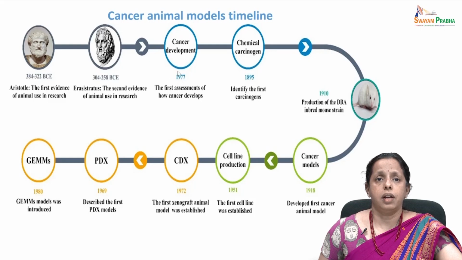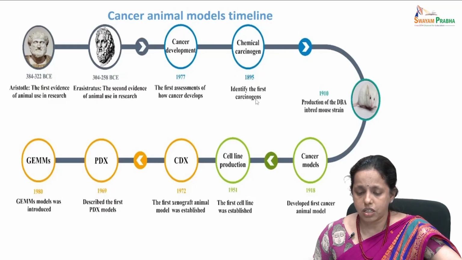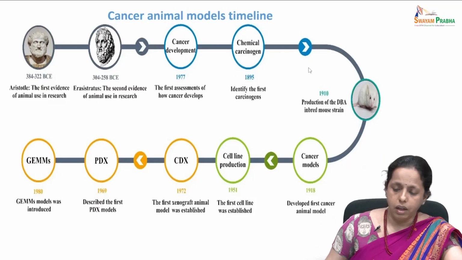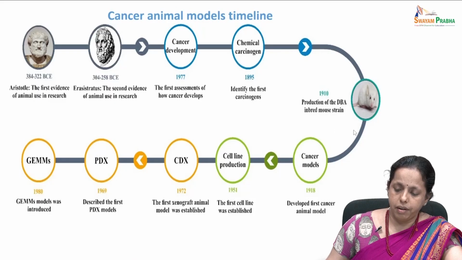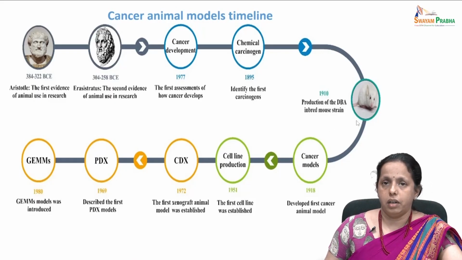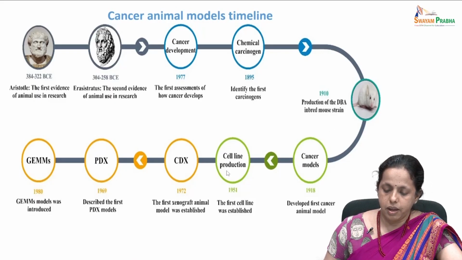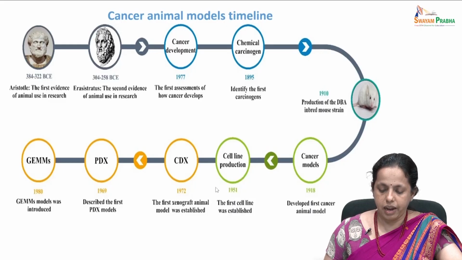Then the first assessment of how cancer develops, the first chemical carcinogen was identified, then the production of the DBA inbred mouse, which are cancer models, and the cell line production. The first cell line was established.